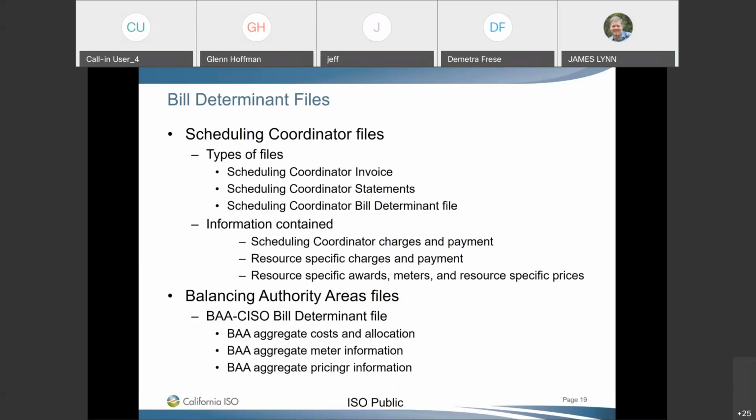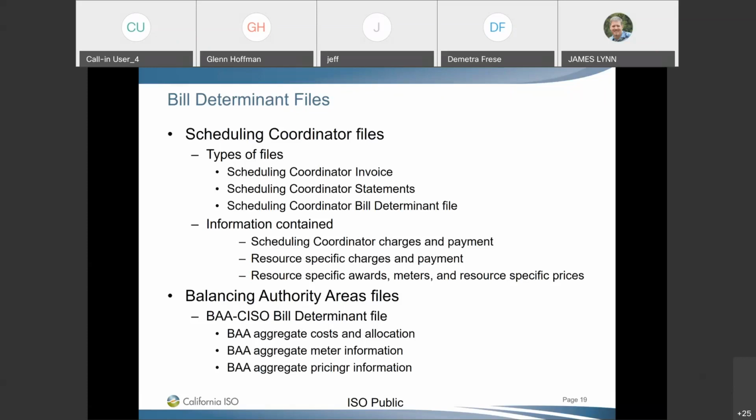You can also find this in here as well, because you will see the bill determinant says BCR cost to your area. Or if you had costs going to another balancing authority area, you could see this is from your balancing authority area. If you wanted to see where that cost went, you can get that information too, because now you actually can download their balancing authority area files as well. And you would just have to link it up.